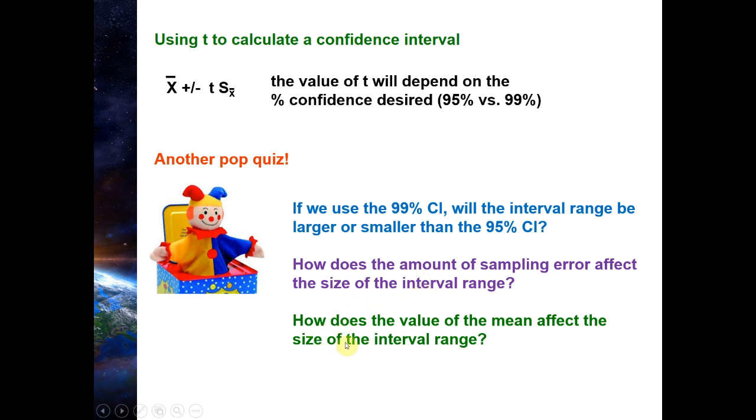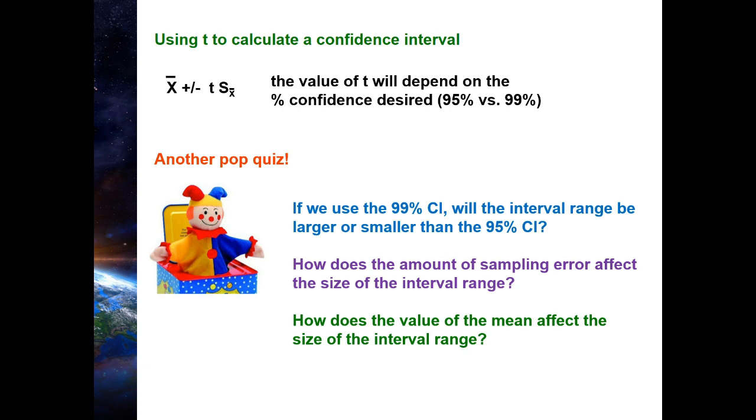And then the last one, how does the value of the mean affect the size of the interval range? Think about that for a second. The value of the mean. So does it matter if the mean is 10, 20, 30, 40? Does that affect the size of the interval, right?